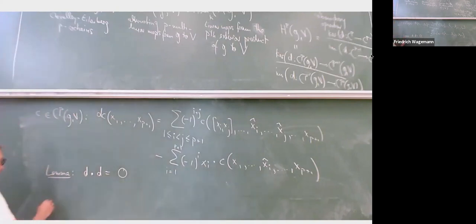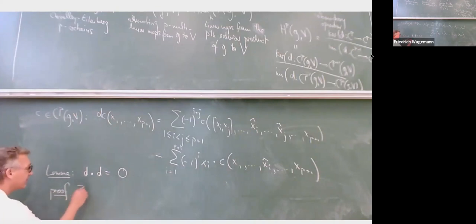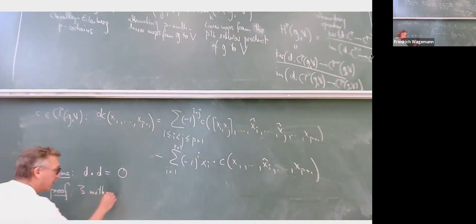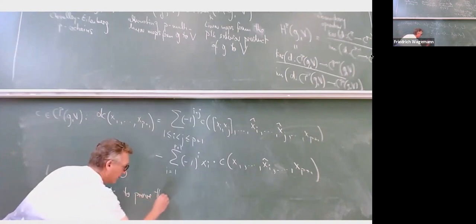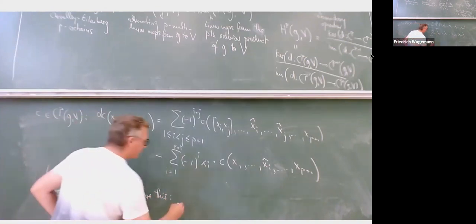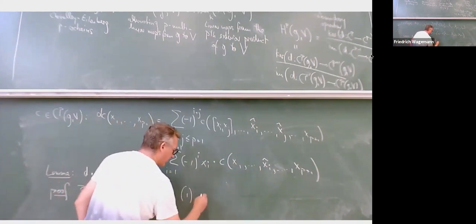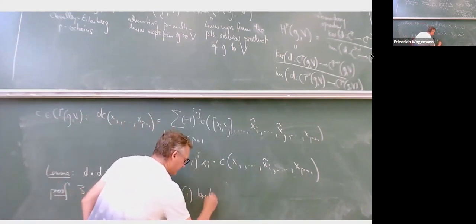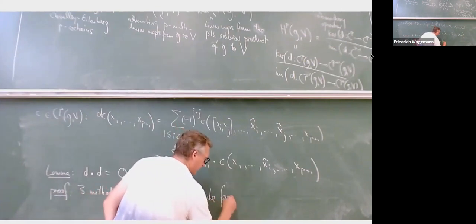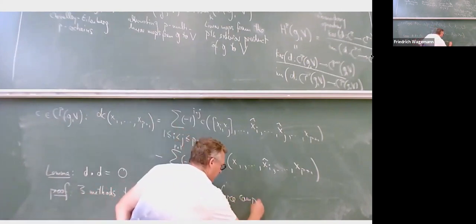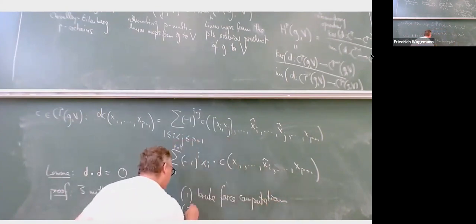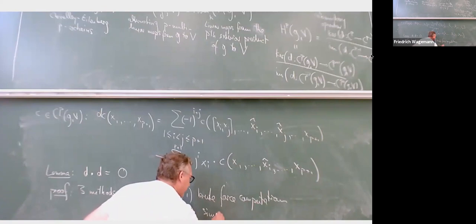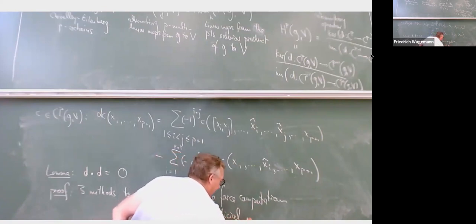There are at least three methods to prove this. The first one is brute force computation. The second one uses the simplicial identities.